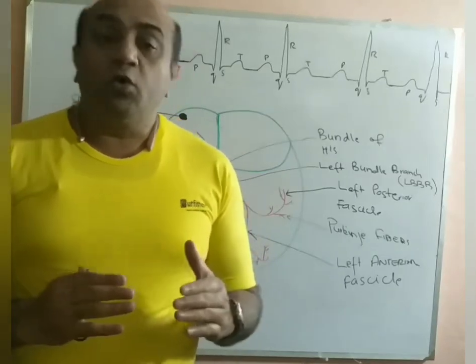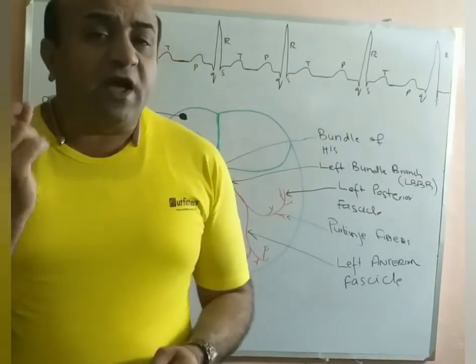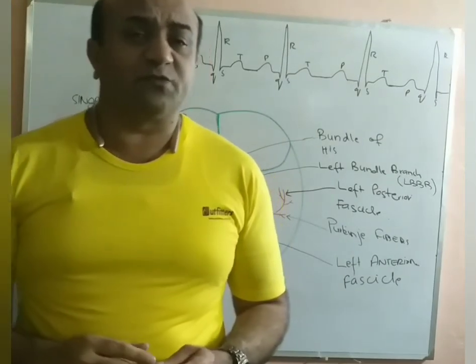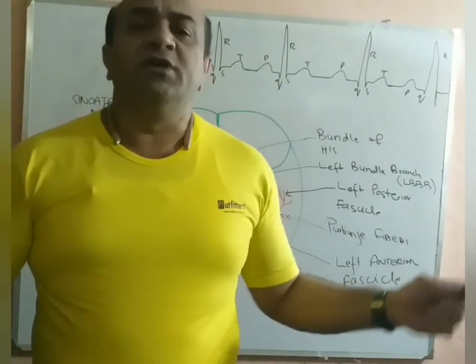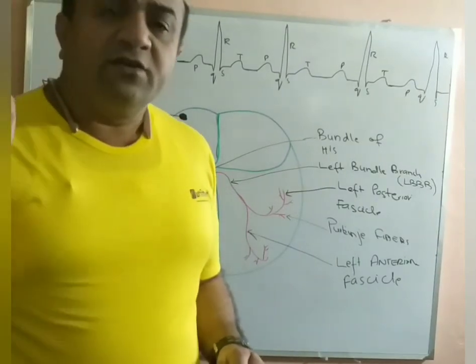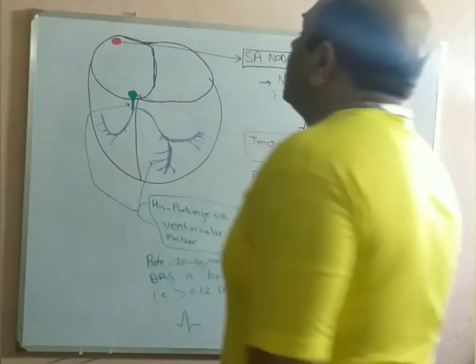And before we go to the pathology and its understanding, we will have to understand that there is not only a single pacemaker, the sinoatrial node; there are two other pacemakers in the body. Let's draw a diagram regarding the remaining two pacemakers in the heart. Now look at this diagram.